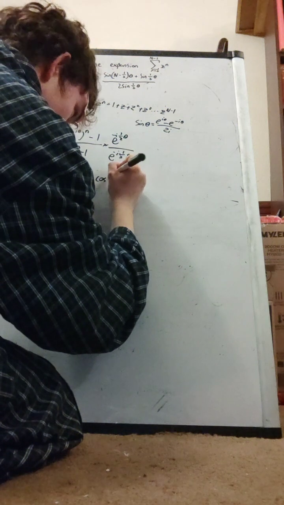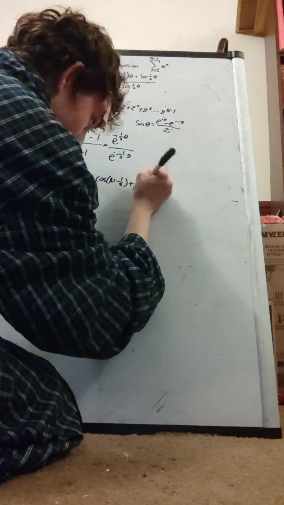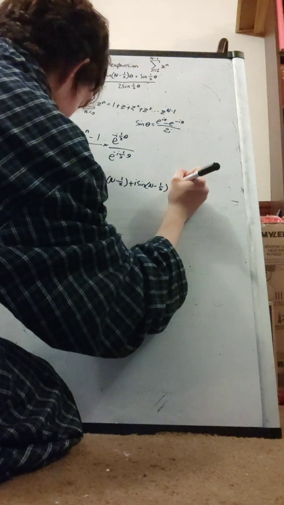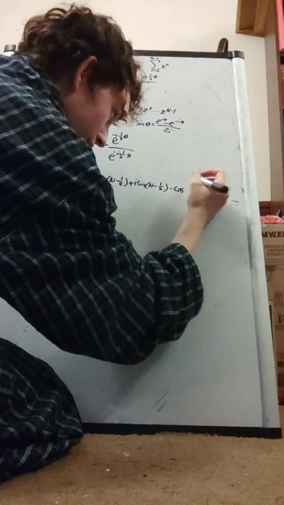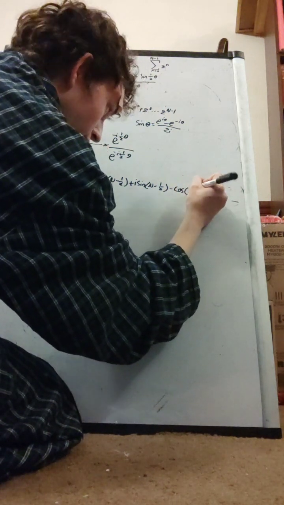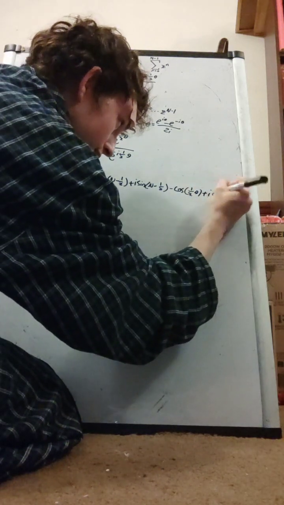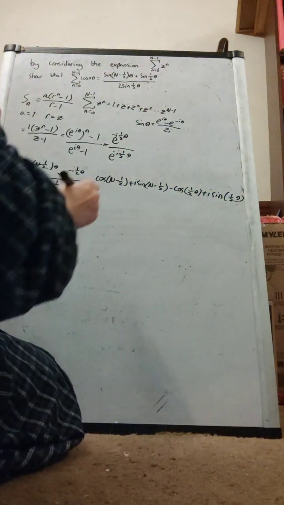we will be given, let's try and fit this into the space we're given here. You've got your cosine n minus a half plus i sine n minus a half, minus cosine half theta plus i sine a half theta.